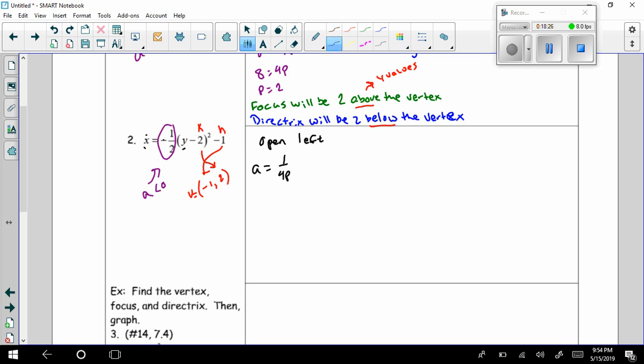We need to find what our p value would be. So negative 1/2 is equal to 1 over 4p. Assign the negative to one of them. It doesn't really matter. I'll usually take it with the whole number value, so that I have 4p equals negative 2 and p equals negative 1/2.